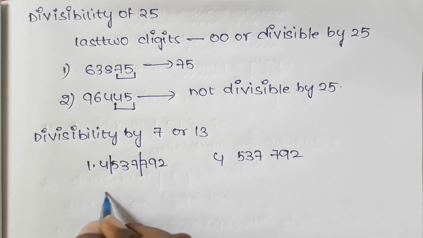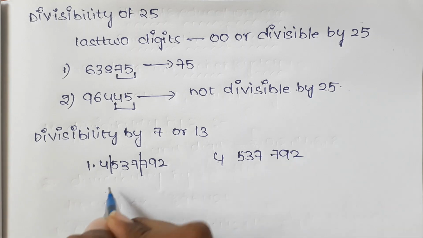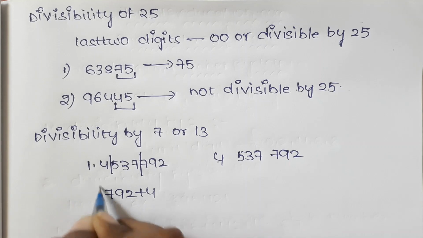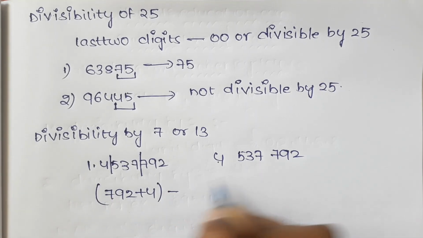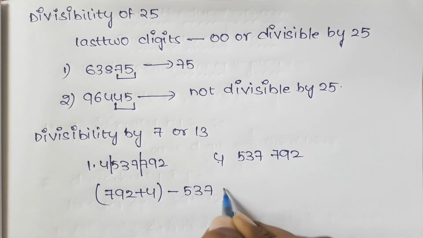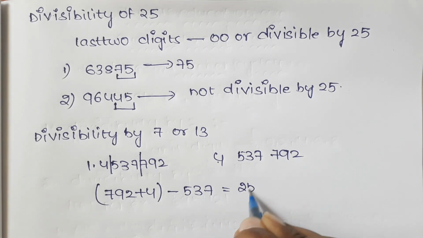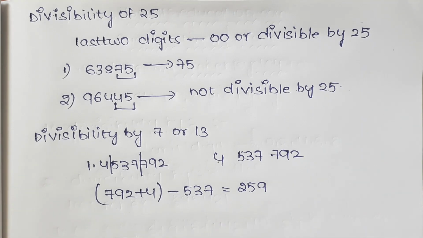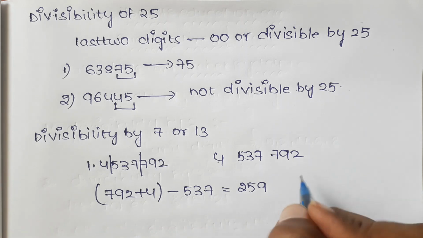These two are odd places, 792 plus 4, minus this one, which is the even place, 537. When we do this, we get 259. Here we should check whether 259 is divisible by 7 or 13.